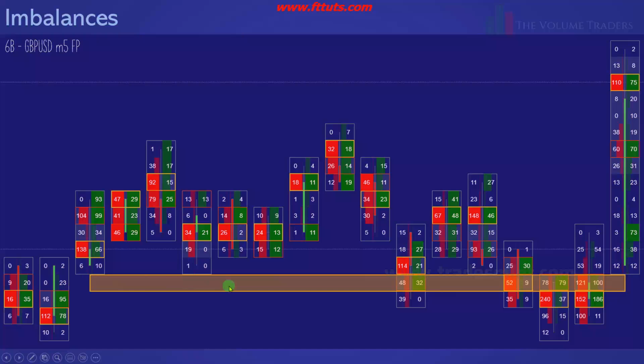And I have marked here support, which played out perfectly. And with ClusterDelta, you can automate this process, as I mentioned previously, with good settings. But on NinjaTrader, if I want to trade 6B contracts, I'm manually looking for my imbalances because it's working this way for 6B perfectly.